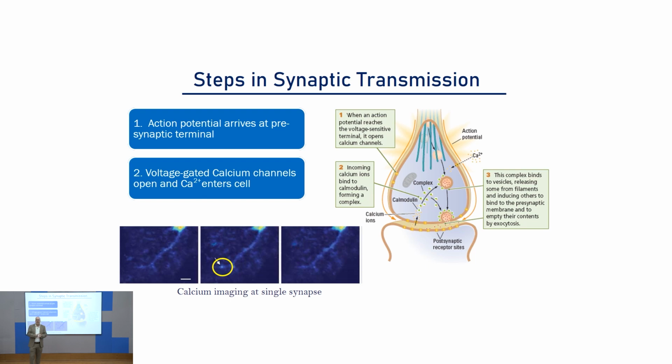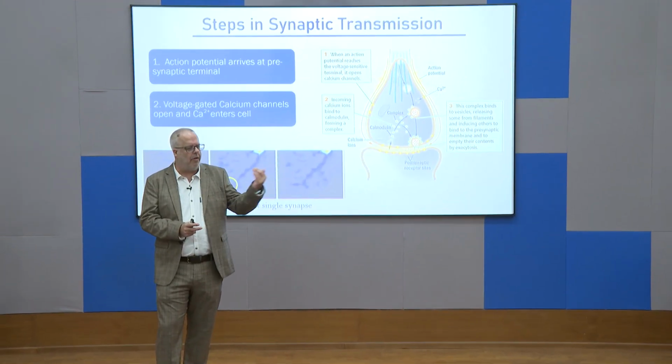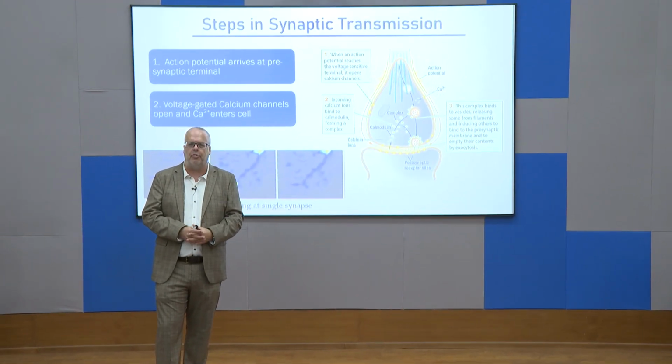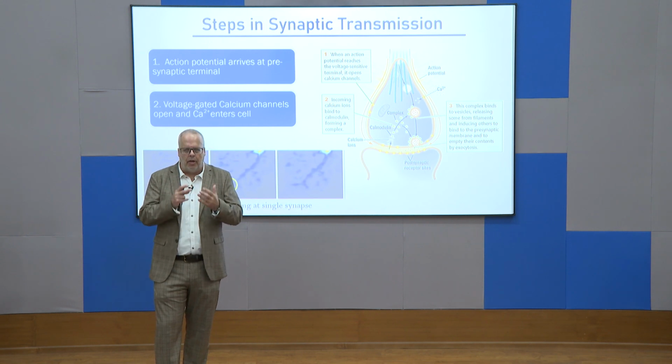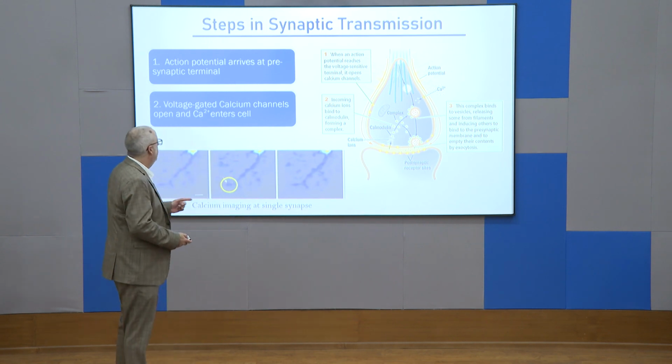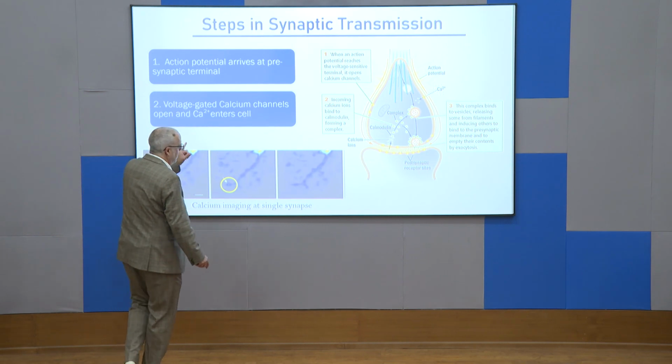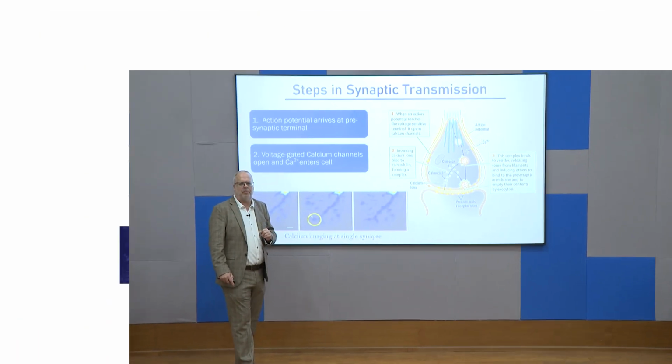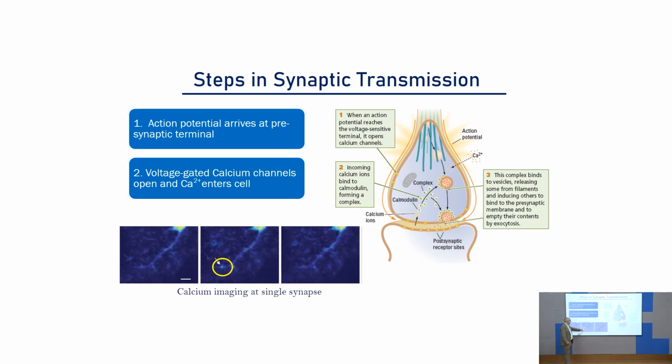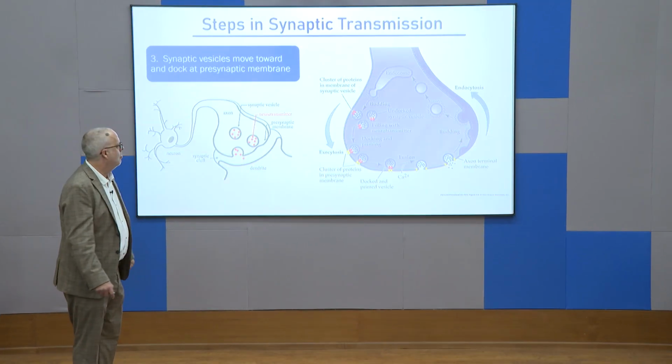So when that voltage-gated calcium channel opens, we have calcium quickly flow into the axon terminal. The effect of that is it will actually trigger these cascading effects that lead to the release of neurotransmitter. Interestingly, if you look here, you can see that we have a single synapse, and you can actually see a little bit of that calcium flowing in.